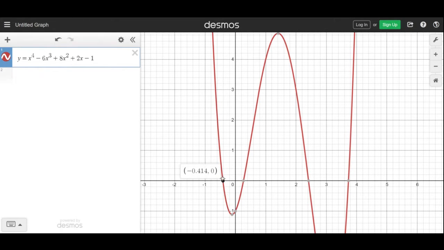So here's the first one. So that's the negative zero that we are trying to predict from using that theorem. So it's 1 negative real zero.